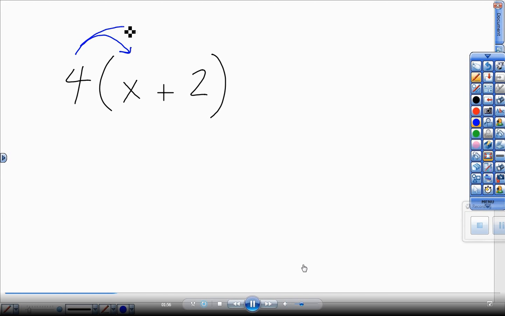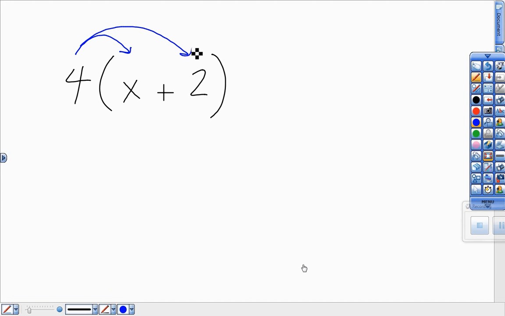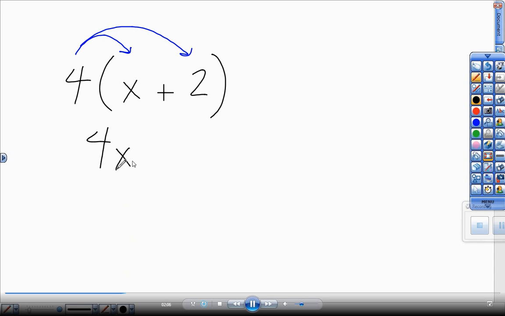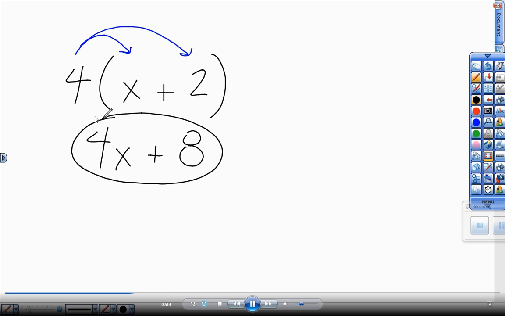So 4 times x will give me 4x, which shows multiplying 4 times the variable x. And of course I can put any number inside there, plus 4 times this 2 gives me 8. So 4x plus 8 is that 4 being distributed through to the x and the 2.